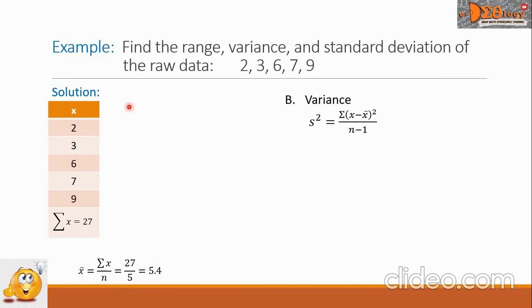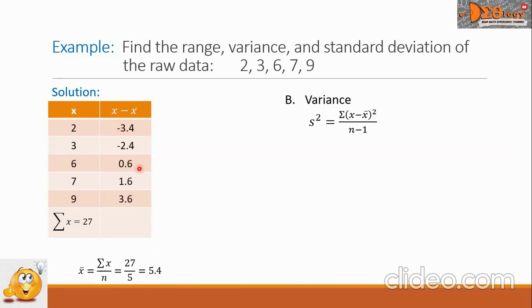Next, let us write another column describing x minus x bar. This is each datum minus the mean. So in the first blank here, that is 2 minus 5.4. So we have negative 3.4.